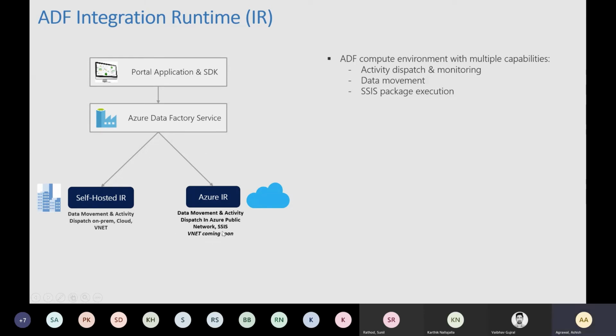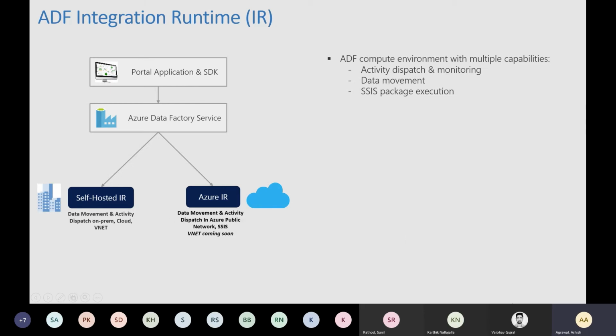Again, we'll go into detail on when we can use what, but think of it, Azure IR is kind of a Microsoft-managed integration runtime. Self-hosted IR is something that you can host anywhere. It could be on-prem, it could be Azure, it could be inside your Azure VNet, or it could be in some other cloud platform or somewhere else, right?